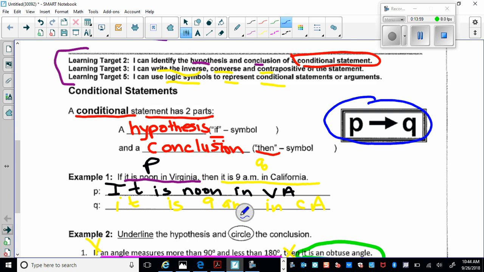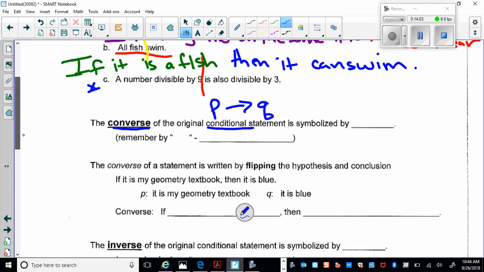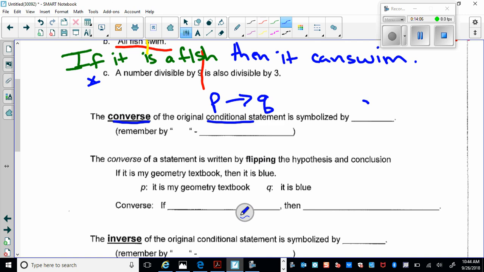When I'm doing the converse of that statement, I am switching the order of it. Converse is Q, then P. If Q, then P is what I'm writing.